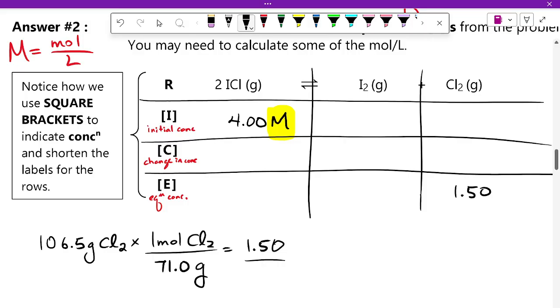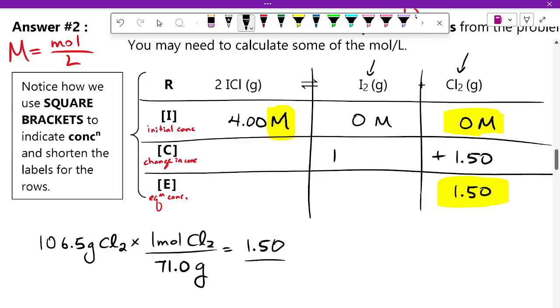We only put ICl in there. So what are the concentrations of I2 and Cl2 initially? 0. And when you know one on the top and you know one on the bottom, you can figure out the change. That one had to go up by 1.50.